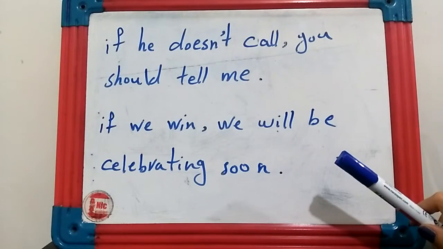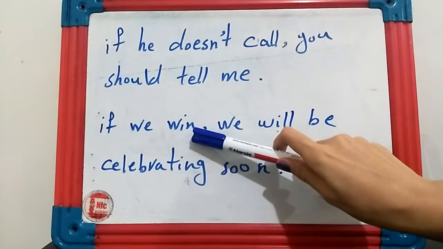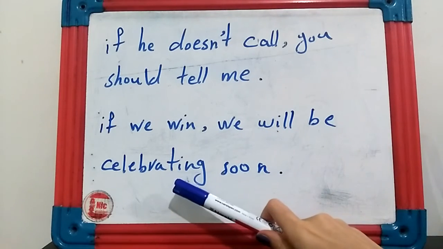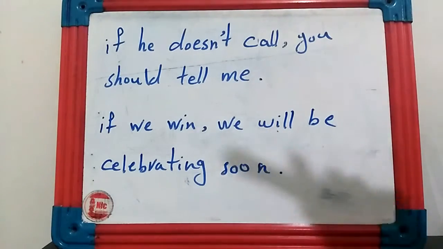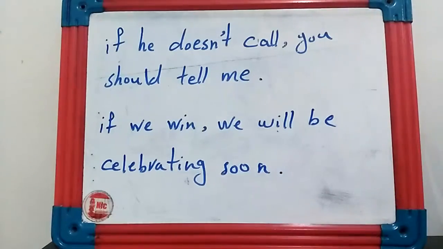The next example. If we win, we will be celebrating soon. Win, present, will be celebrating, future. If we win, after if clause we should bring comma. اگر ما بردیم در حال جشن گرفتن خواهیم بود به زودی. If we win, we will be celebrating soon. So pay attention.